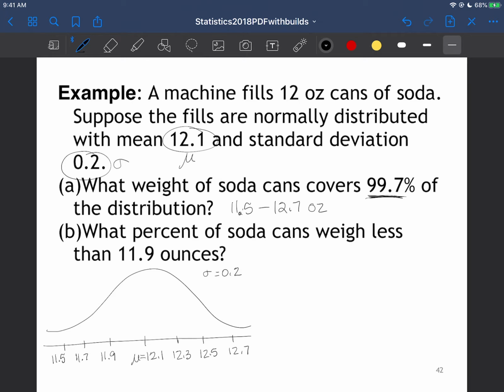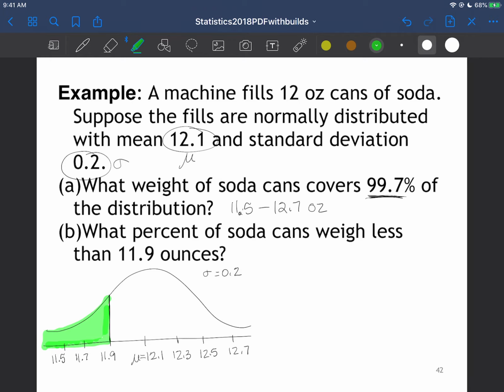What percent of soda cans weighs less than 11.9 ounces? So here's 11.9, and I want the percent of soda cans that weighs less. Less is to the left, so I'm going to shade the region under the curve to the left of 11.9. This is what I want to know.